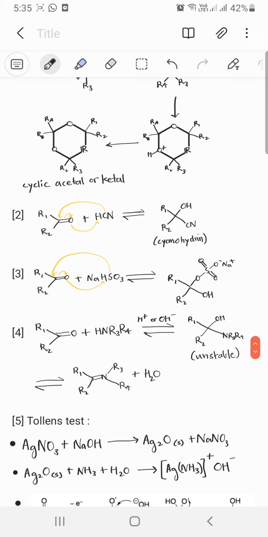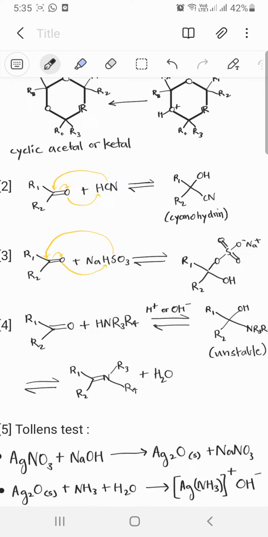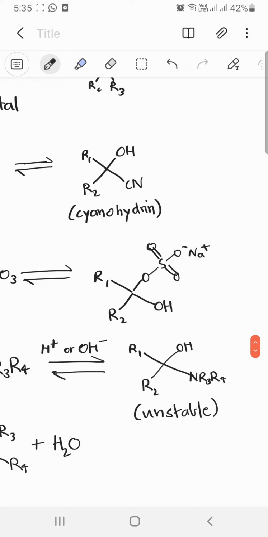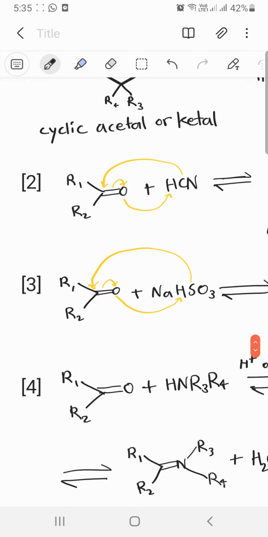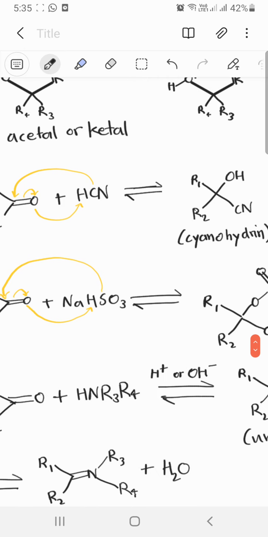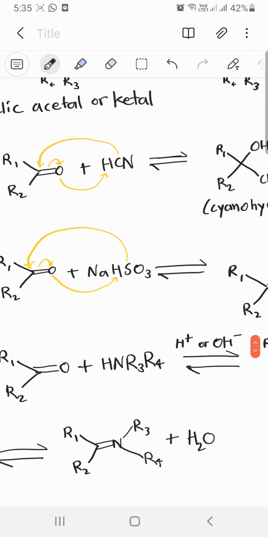Okay. What's this thing? Ketone plus cyanide is cyanohydrin. Not bad. Cyanide is just H plus plus CN minus basically. So it's no surprise that it adds nucleophilically, right? So it's acyl nucleophilic addition, right?